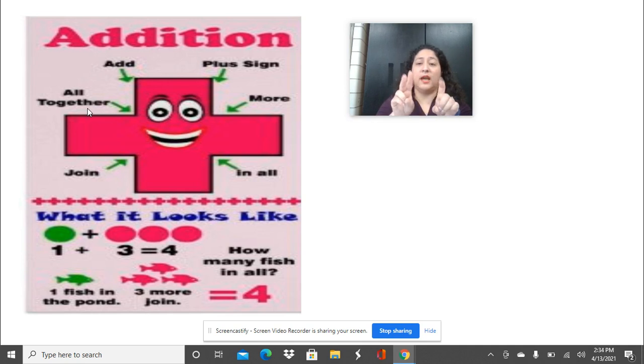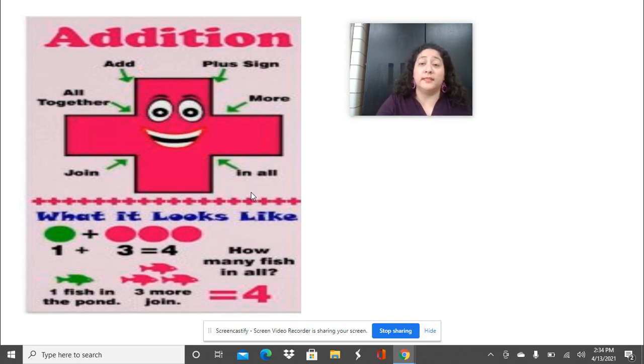That's telling you to count all of your fingers to figure out how many you have. Or the word join. If there are two butterflies and then two more join them, how many butterflies are there? Join means that you're going to add all of them together. You have two here and two here, so that's 1, 2, 3, 4. 4 butterflies, right?